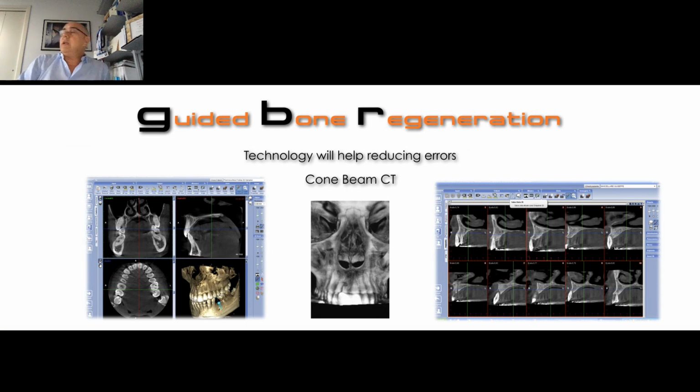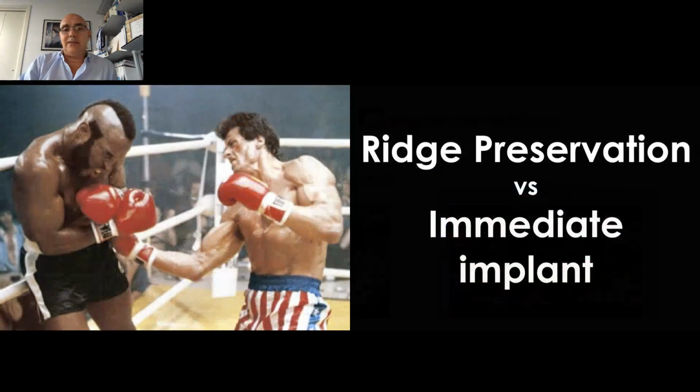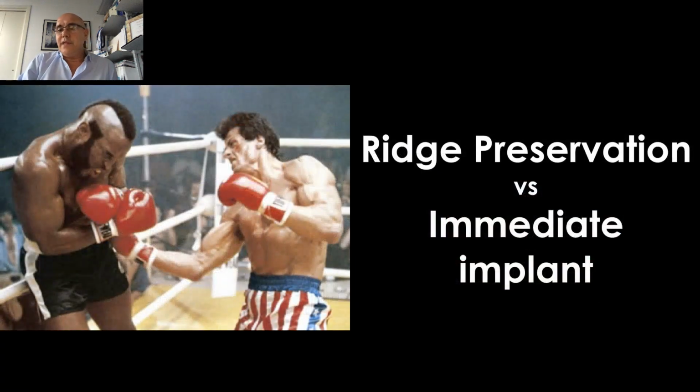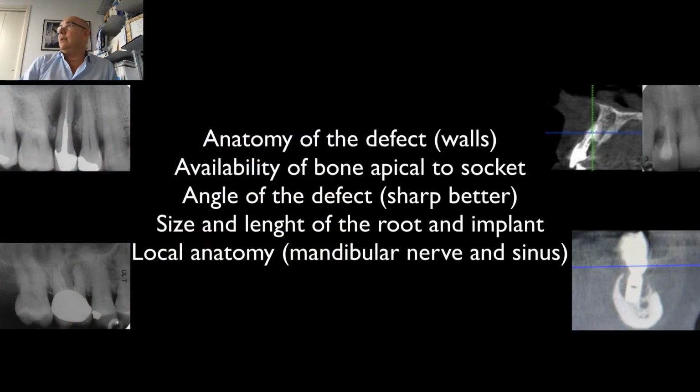So now we can say that today with digital technologies, with digital dentistry, and with CBCTs and 3Ds, we have a big help because we can really evaluate in advance the anatomy and see what things are going to happen beforehand. So if we have to think about ridge preservation versus immediate implant, let's see what is the way we should think.